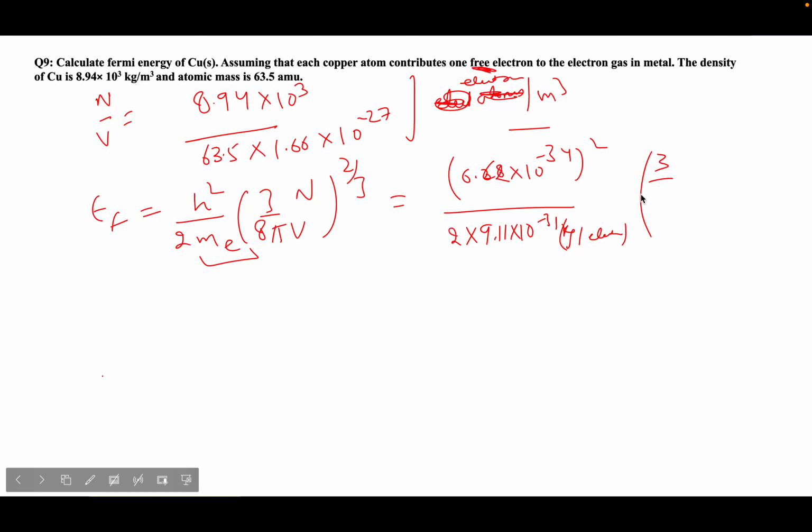So this is 3 by 8 into 3.14 into 8.94 into 10 to the power 3 divided by 63.5 into 1.66 into 10 to the power minus 27, the whole to the power 2 by 3. We just need to calculate this and we'll get the answer.